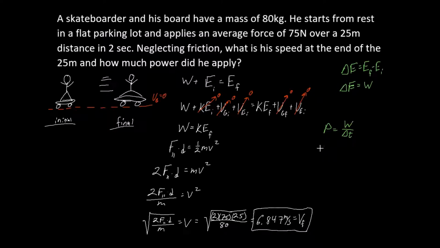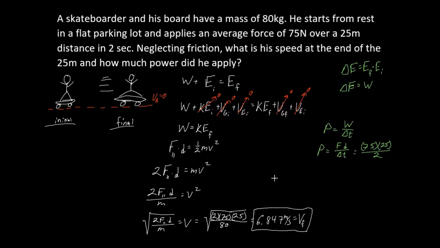So how much work did he do? Well, the work was equal to the force times displacement, and the amount of time is listed in there, which means we're just plugging in some numbers here. 75 times 25 divided by 2.